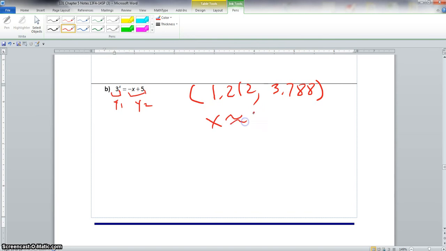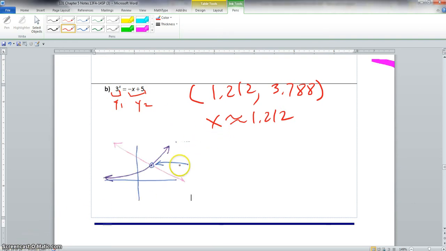So x is approximately 1.212 because as you see here, we don't have a y value. So the sketch we would end up with shows the intersection at these approximate points. So you just put this in your calculator, graph it, find the intersection point, and draw this representation here, and we're done.